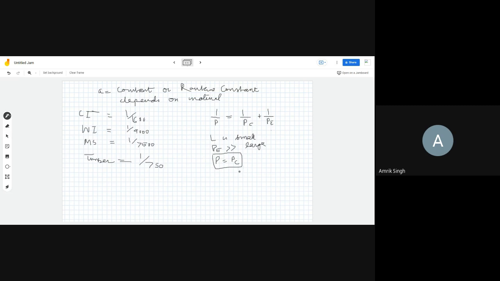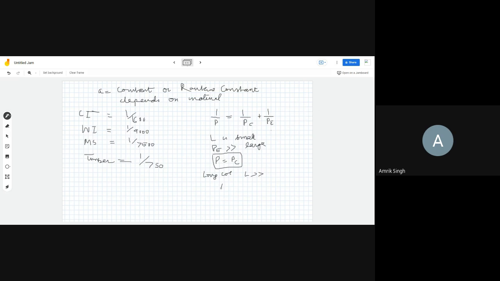For long columns, L will be large. When L is large, PE will be small, and this term will be appreciable.